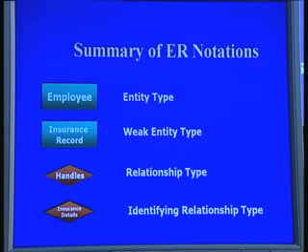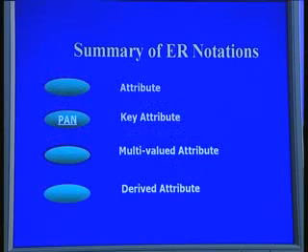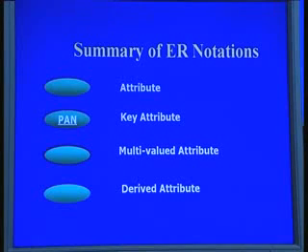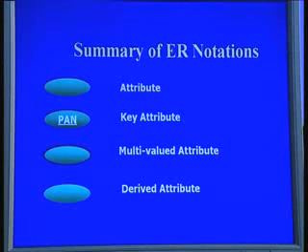Then relationship types are defined by a rhombus, and the identifying relationship types are defined by double lines. Similarly, attributes are defined in different ways. A normal attribute is an oval, a key attribute has an underline, a multi-valued attribute has a double line, and a derived attribute has a dotted line.